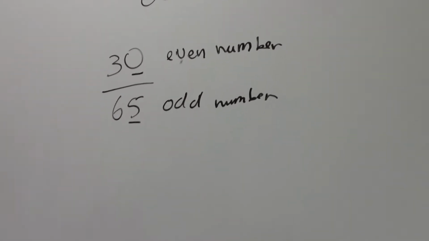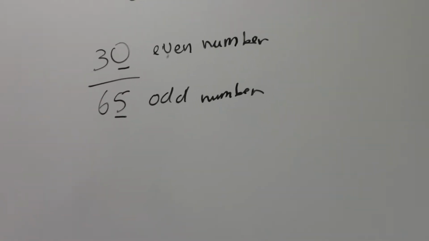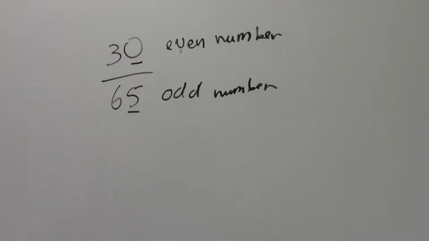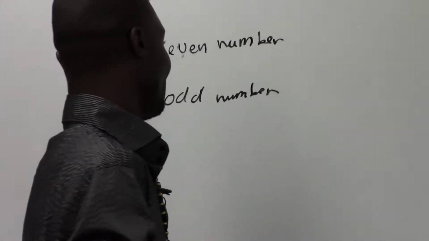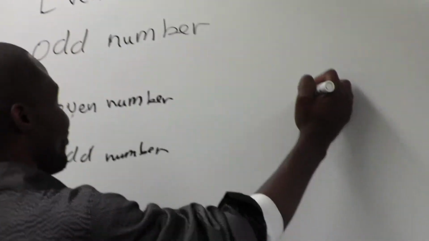So to reduce a fraction, there's many ways that you can do it. But the easiest way to get it done is called the factor tree. You take the number 30 and break it into small pieces, and then find which one you can take to simplify.